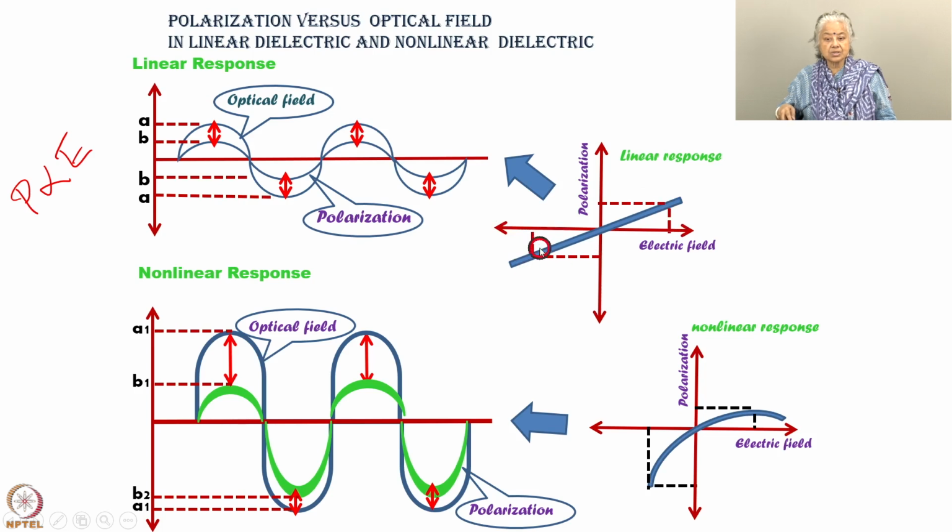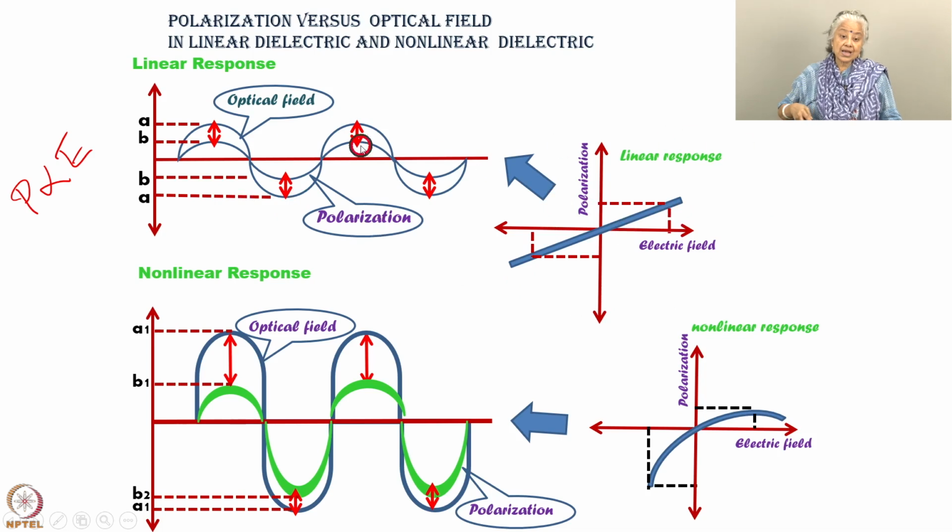It just depends on the electric field. So, this dashed line is A, which I have represented here, and this line is B, which I have represented here. So, they are identical, I mean they are equal. Okay. So, not much of a difference.